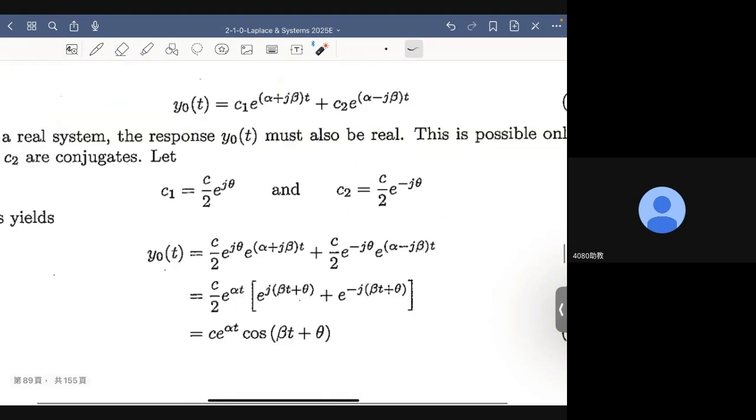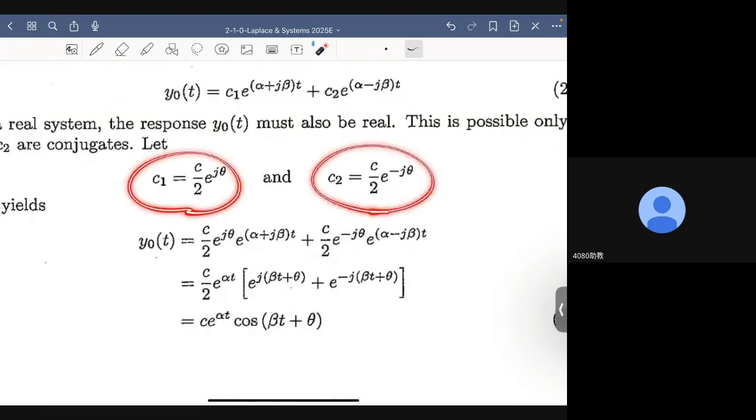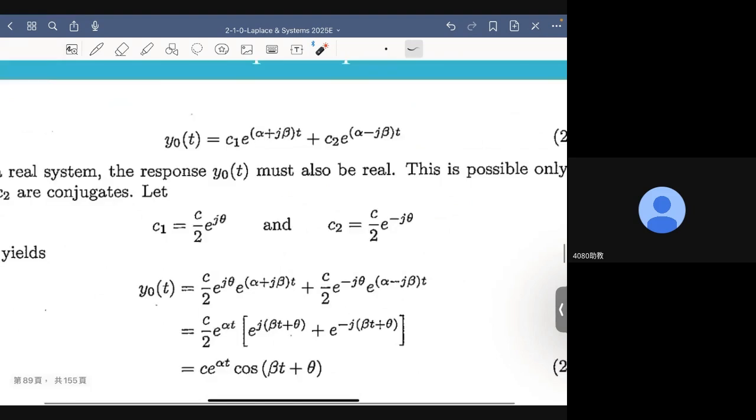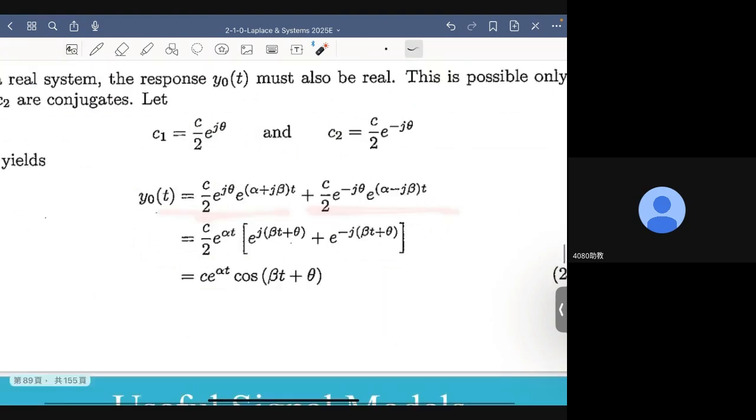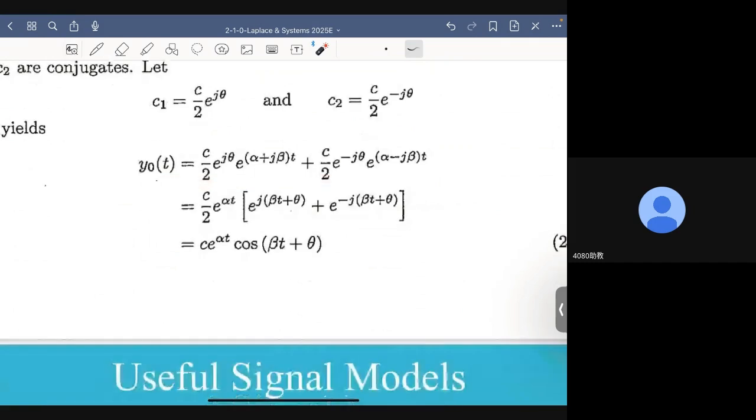The trick here is I assume C1, C2, again, to be complex conjugates. If this is the case, let me plug C1 in here and C2 in here, and by rearranging these terms, this is what we will get.